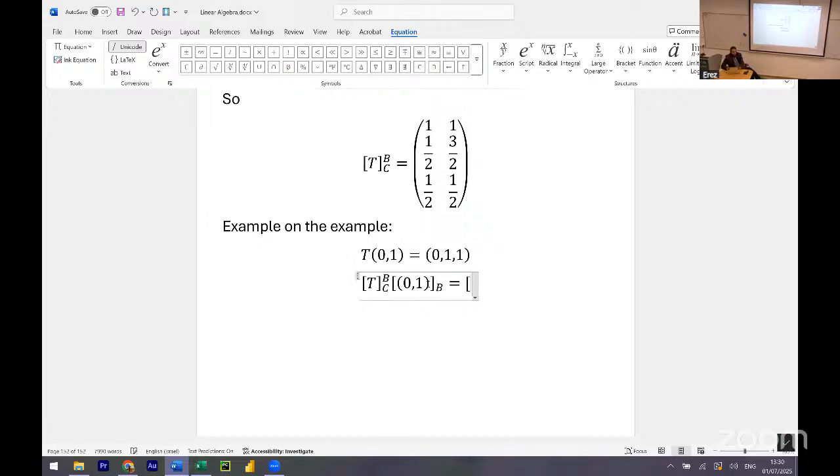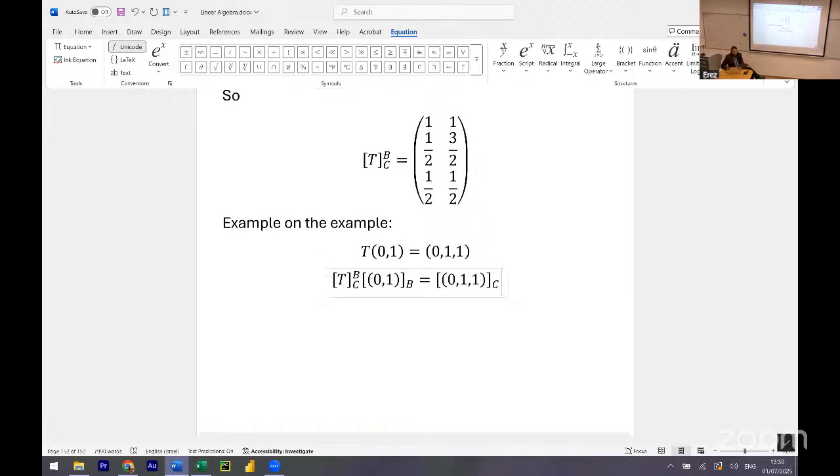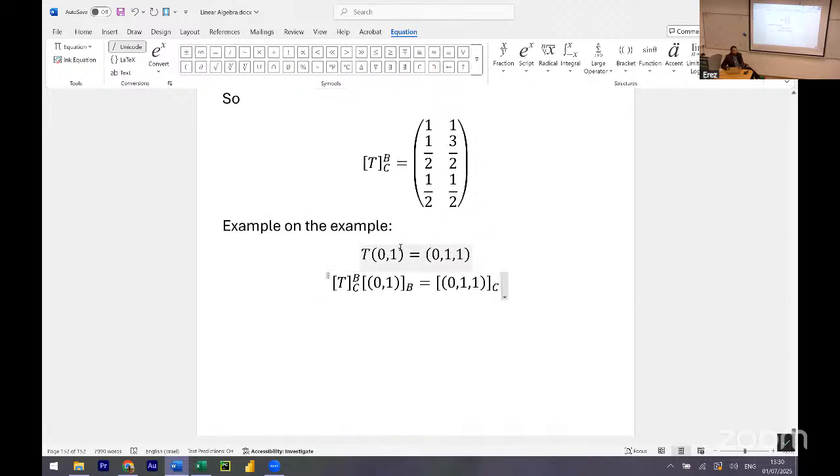The coordinates of (0, 1, 1) in the base C. That is what is supposed to happen. And now we're just verifying that indeed it works. Okay, that's just a verification. The math promises us that it's true, but we wish to work it out because we know the matrix.